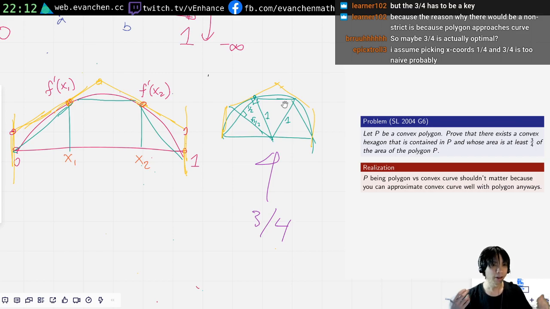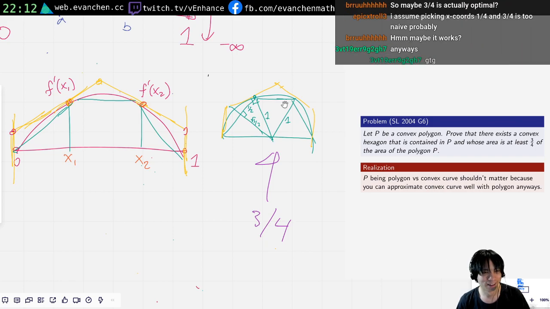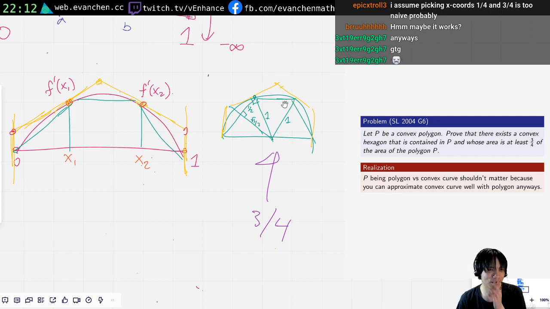See, the reason 1/2 was good... 1/4 and 3/4 sounds too naive. Well, actually, can you just pick 1/4 and 3/4? I really hope not. That would be really stupid.